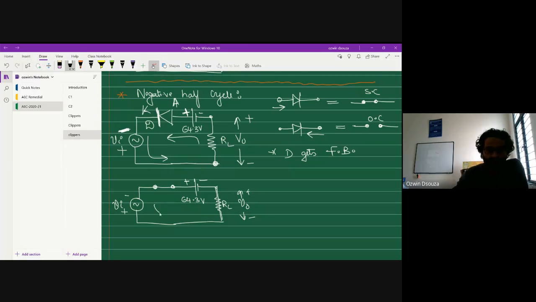So, negative half cycle. Let us put the current direction. Apply KVL. So when you apply KVL, what do you get? Minus to plus, and then minus to plus, minus to plus is equal to 0.